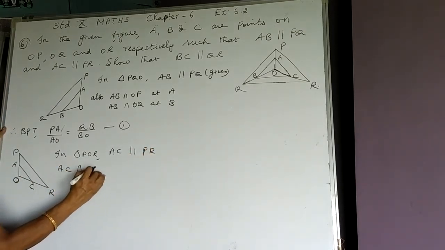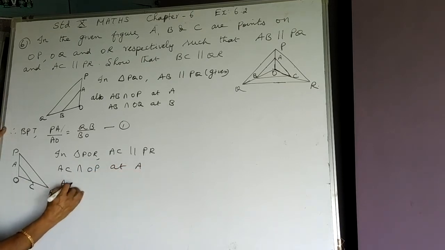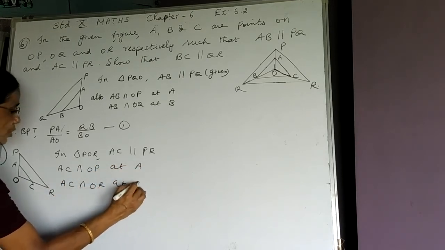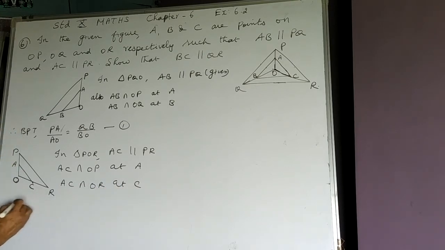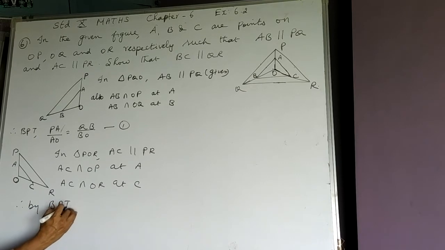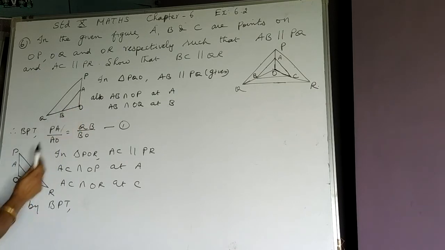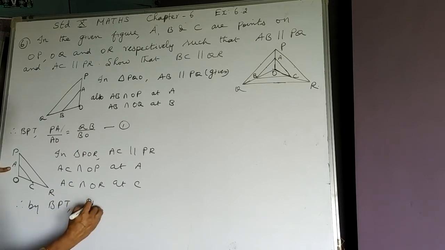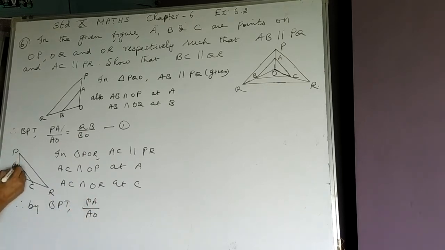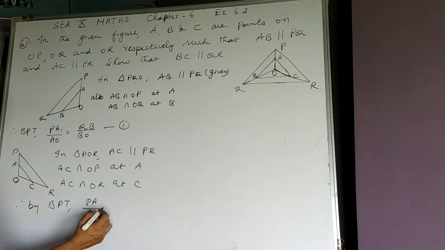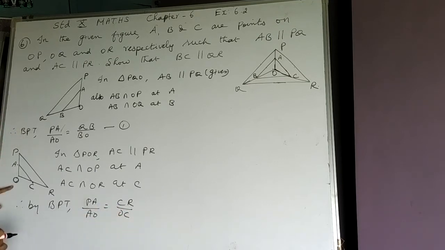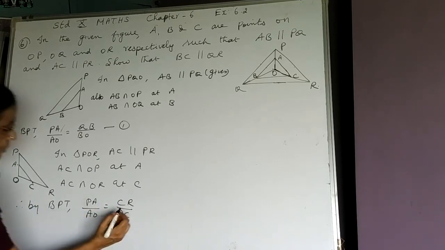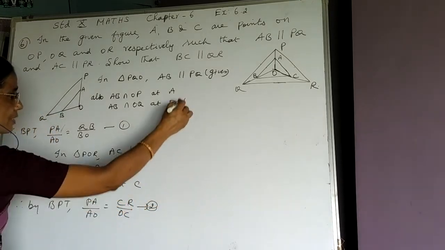Thus AC intersects OP at the point A and AC intersects OR at the point C. Therefore again, by BPT theorem, basic proportionality theorem, I take the same ratio so that one ratio will be common and the other side can be compared. So I take PA upon AO is equal to CR upon OC. I name this as the second result.